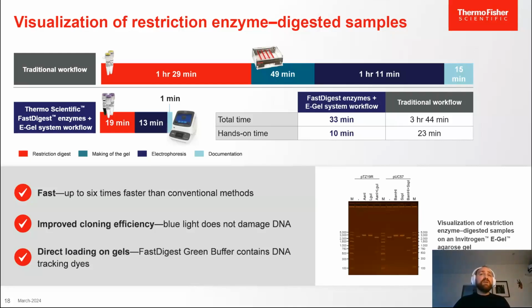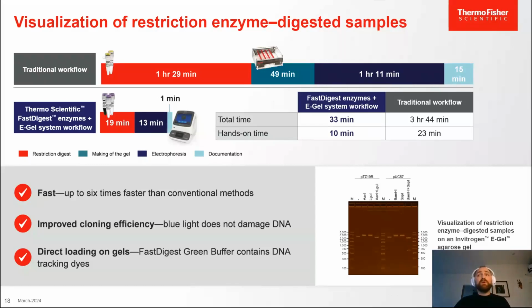For the e-gel electrophoresis system, and especially when using the fast digest enzymes, this becomes 33 minutes total, which is more than six times faster than the traditional workflow.